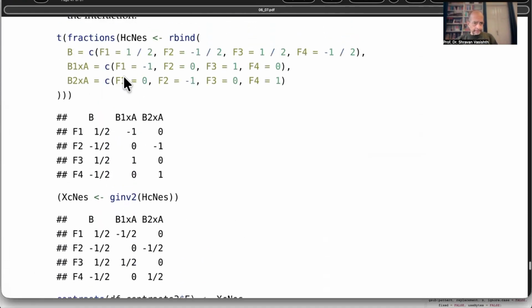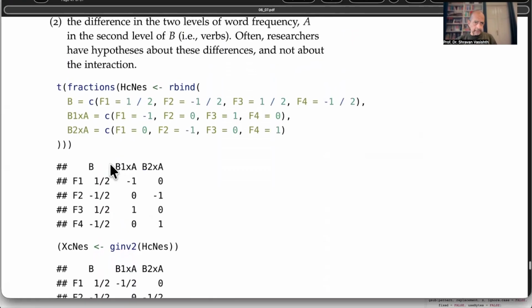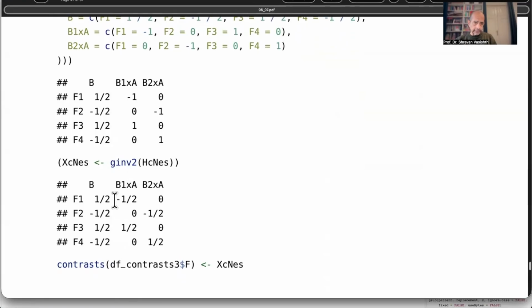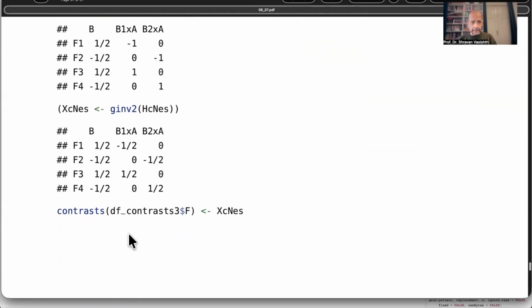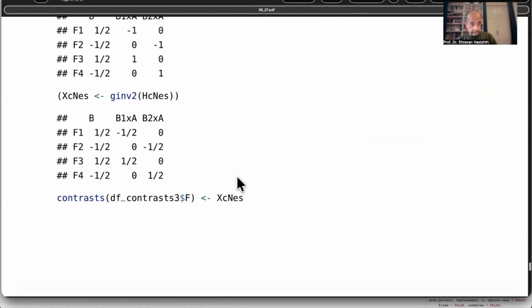So these are my hypotheses. Okay, I set up my hypotheses, invert the matrix, I get my contrast matrix. Okay, so now I'm ready to roll, right? I've got my sum contrasts here for the nested conditions, and then the main effect here, just like before. Nothing special going on, except that I'm looking inside each level of the B factor.